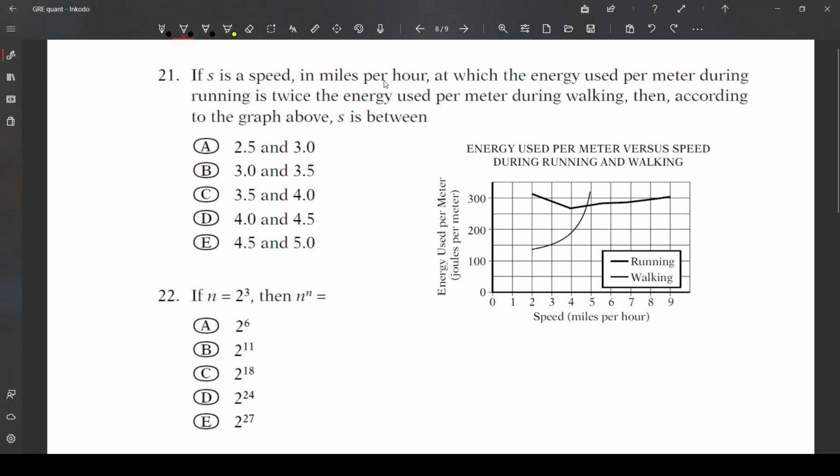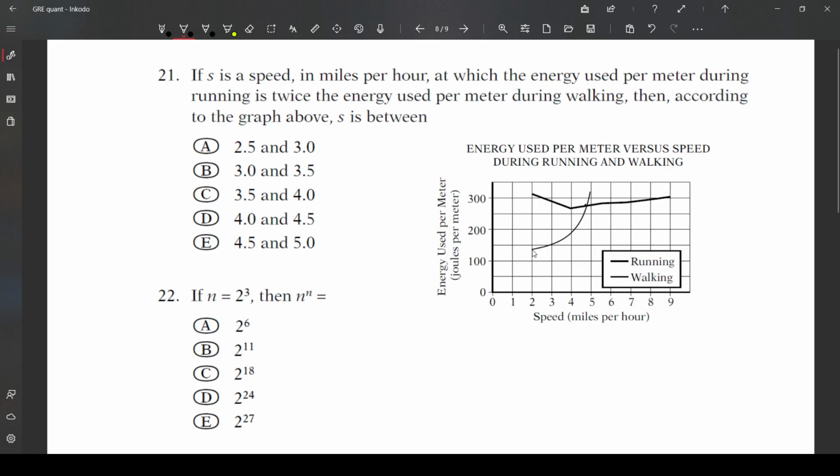If S is a speed in miles per hour at which the energy used per meter during the running, so the running is this thick line, and it's twice the amount of walking. So here we have like 140. This is a little over 300. So here they're equal. This is 150.